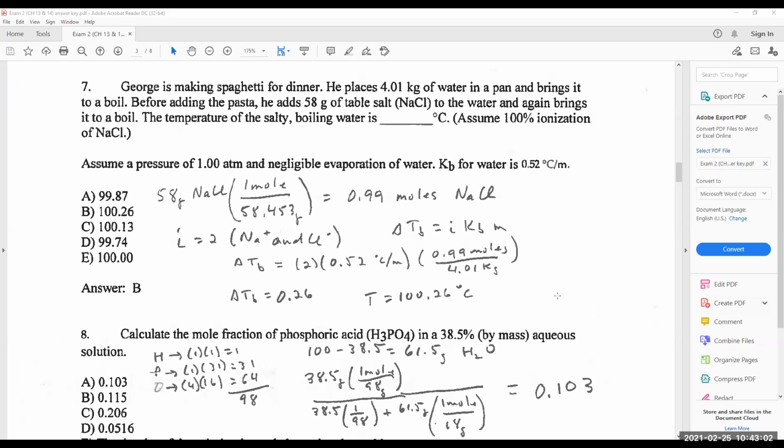So that i value becomes 2, and so now you can do your calculation and find that delta TB is 0.26 degrees C, and then add that to 100 to get 100.26.